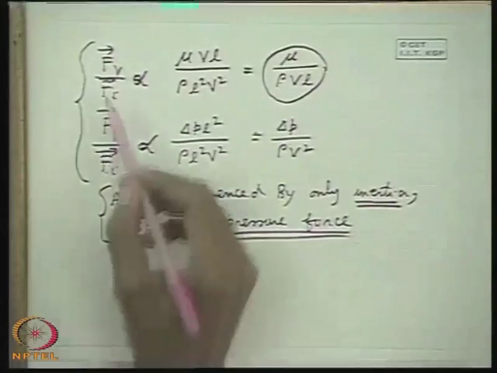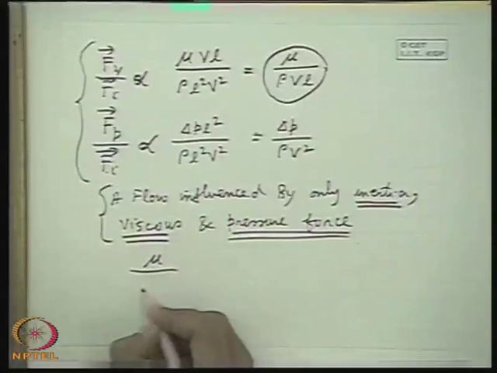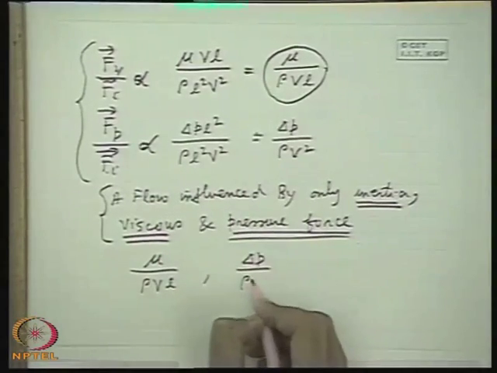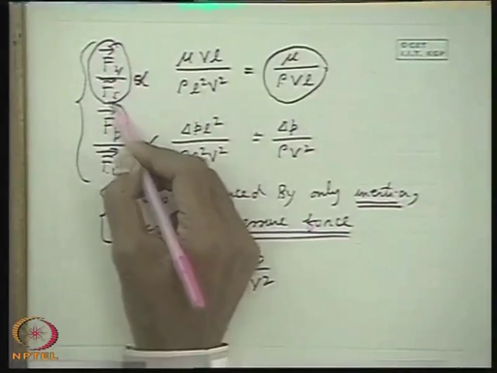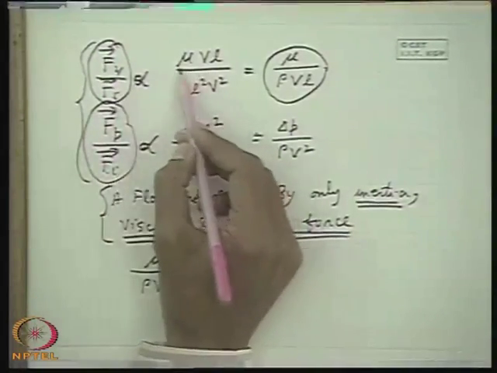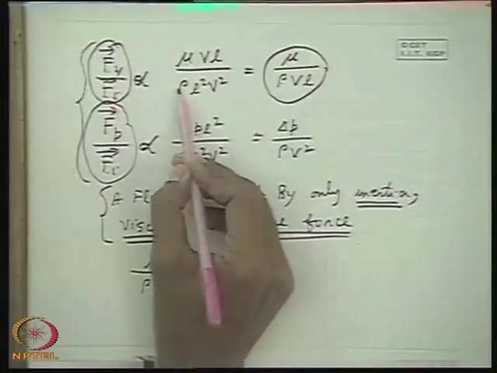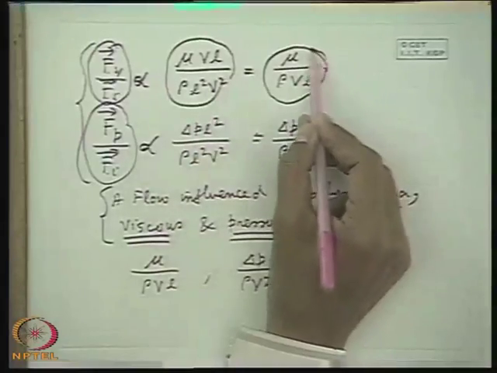In that case, only two ratios come into the picture, mu by rho VL and delta P by rho V square, and these are dimensionless terms because they are ratios of forces. When expressed in terms of the physical parameters, this is proportional to mu VL over rho L square V square, which is dimensionless.